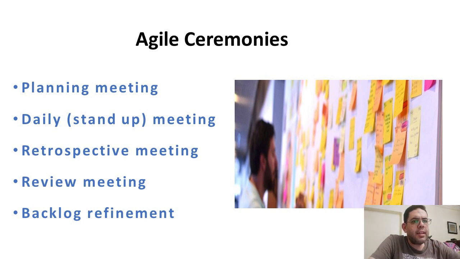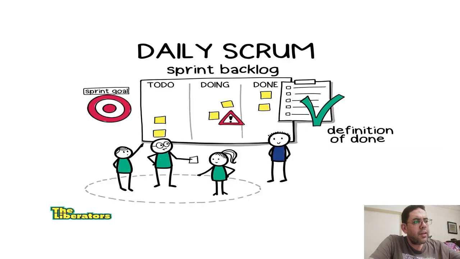Then there is the retrospective meeting, which is just to answer three main questions: what was going right during the last sprint, what was going wrong, and how to fix the problems that happened in the last sprint. Okay, as we see here, agile supports transparency.